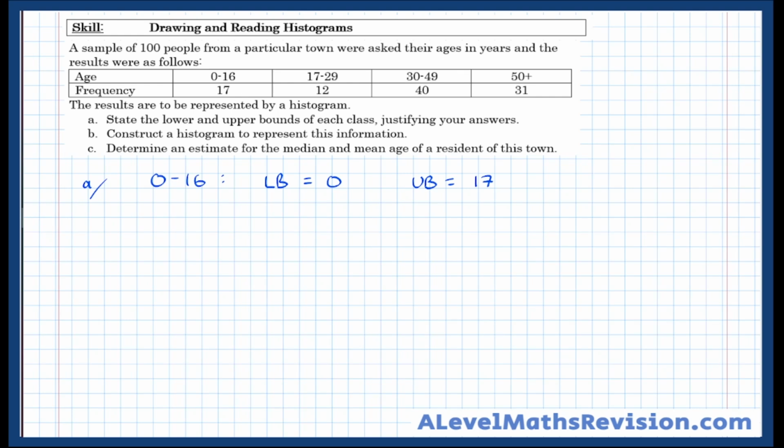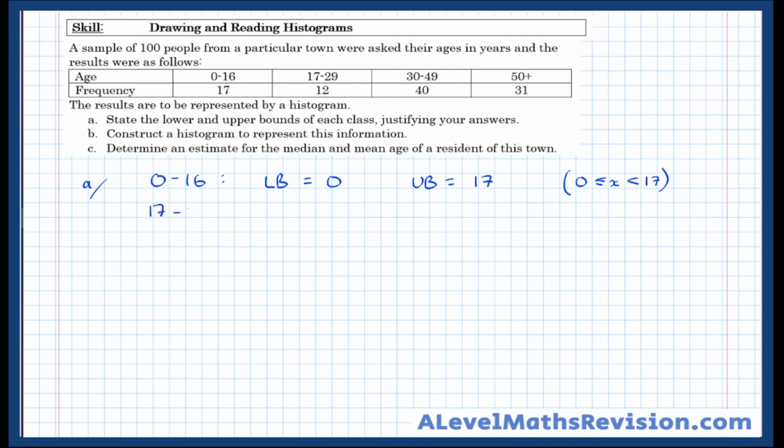So what this actually means is that this class 0 to 16 really means 0 ≤ x < 17. It contains every value up to being 17 years old except the moment we hit 17 itself. So the lower bound will be 0, the upper bound will be 17.